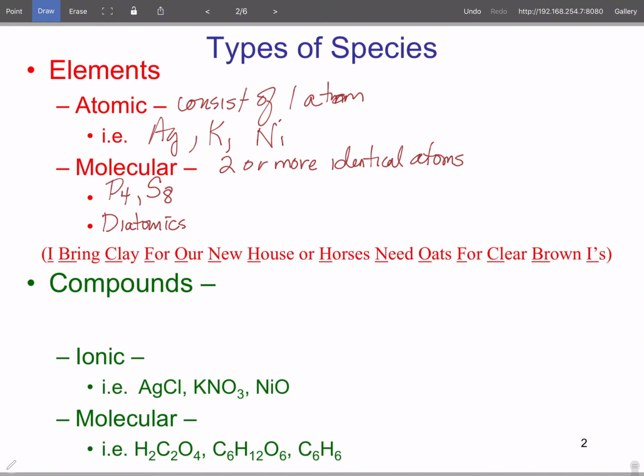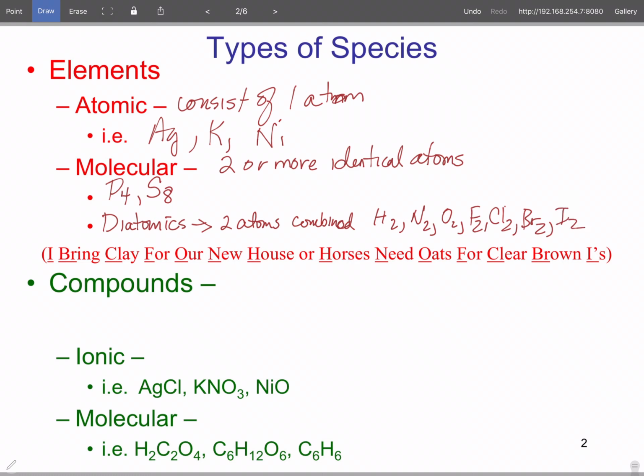And these you need to know. These are the ones that have two atoms combined. And you can do this a variety of ways. The species are hydrogen, nitrogen, oxygen, fluorine, chlorine, bromine, and iodine.